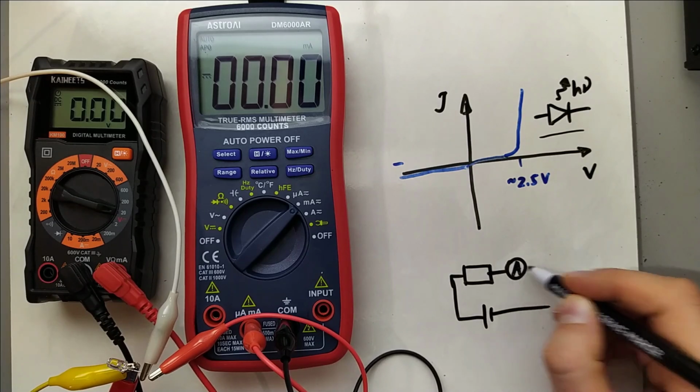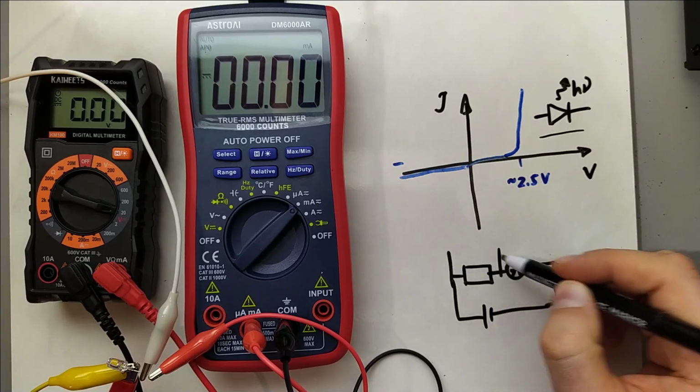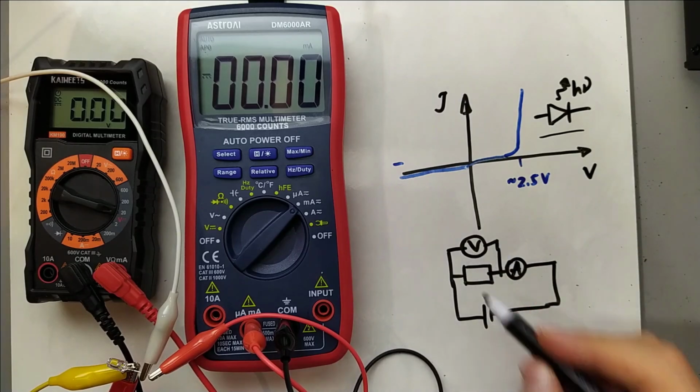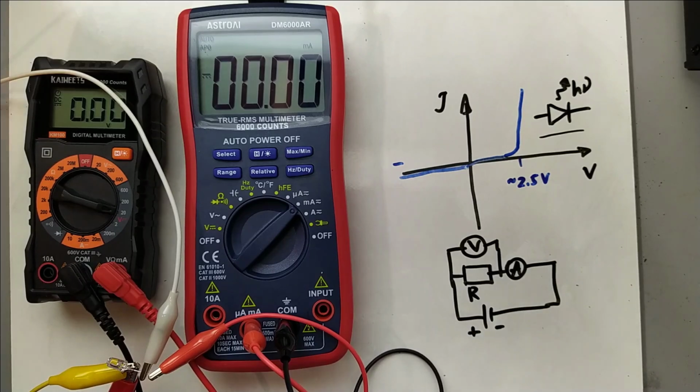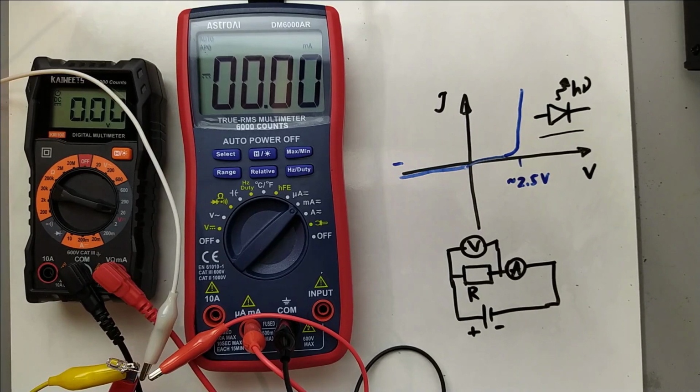We have ampere meter in series, and here is voltmeter. So this is the same electric circuit which we use to measure current voltage characteristic in this experiment.